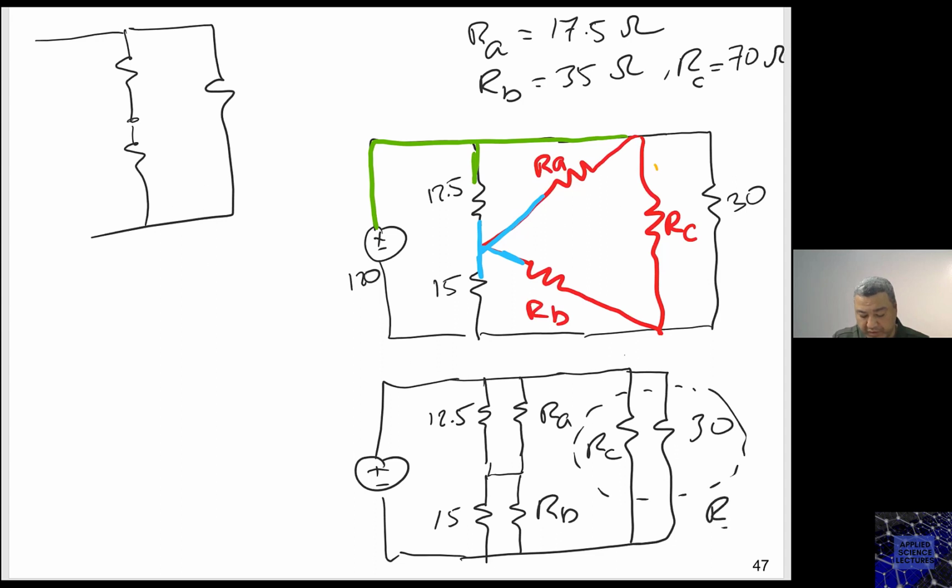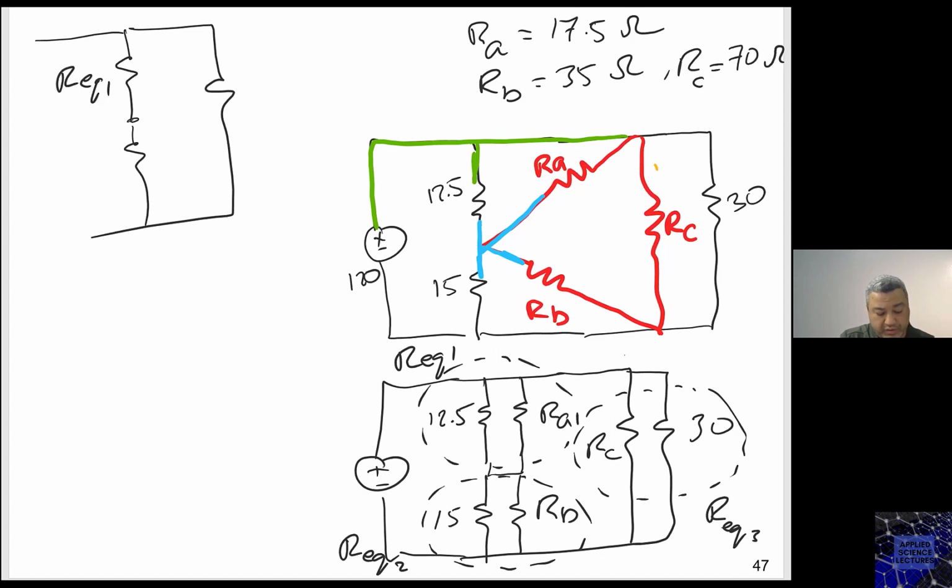I'll call this one R equivalent 3, I'll call this one R equivalent 1, and this one R equivalent 2. So here is R equivalent 1, R equivalent 2, and this one is R equivalent 3.